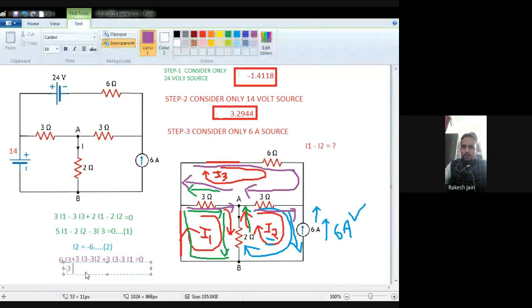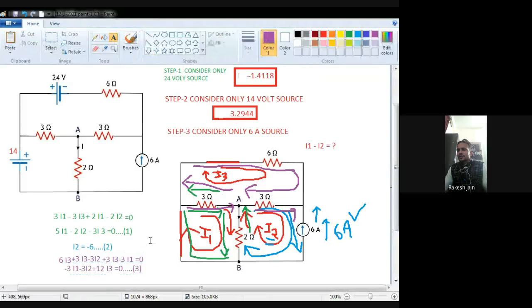Now there is no need to write the equation for the second mesh, because a current is given directly for this mesh, that is 6 ampere. It means the current in this mesh is 6 ampere. Direction is bottom to top. It means I2 is minus 6 ampere.